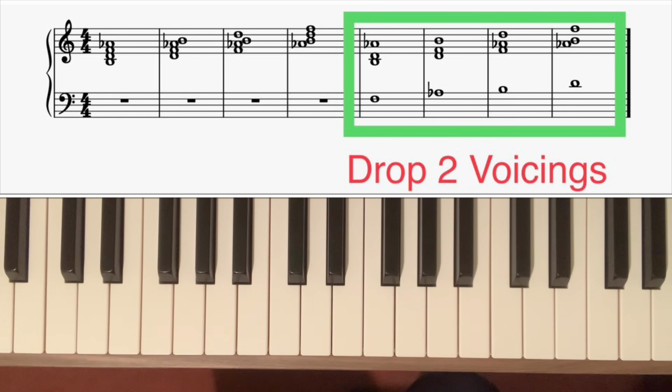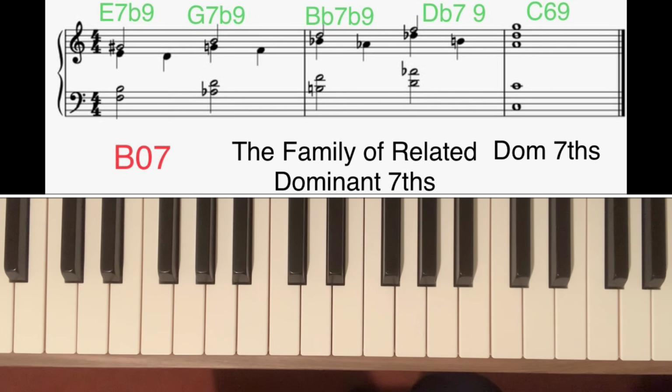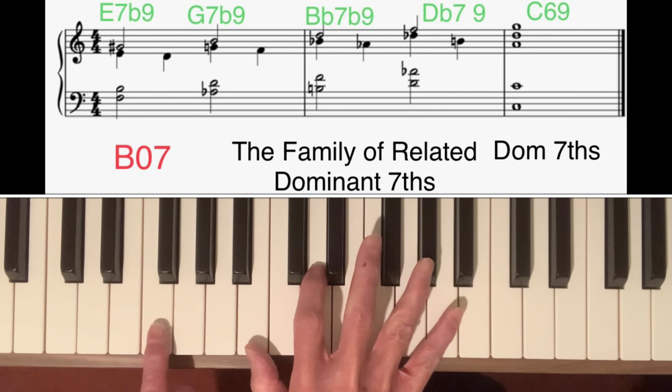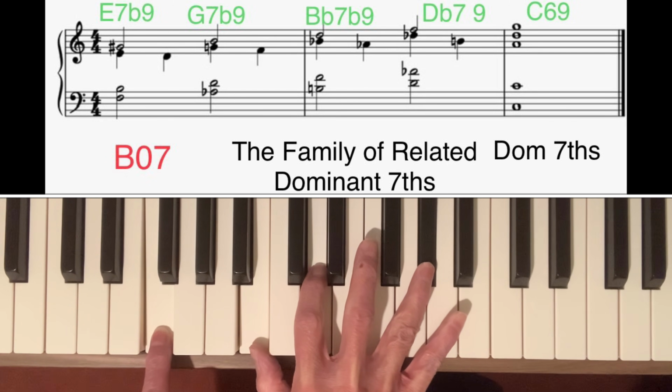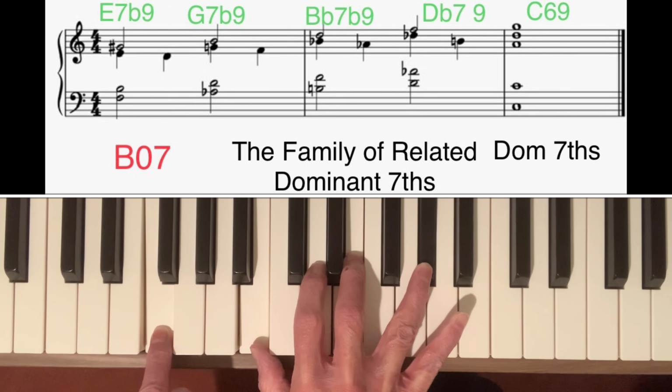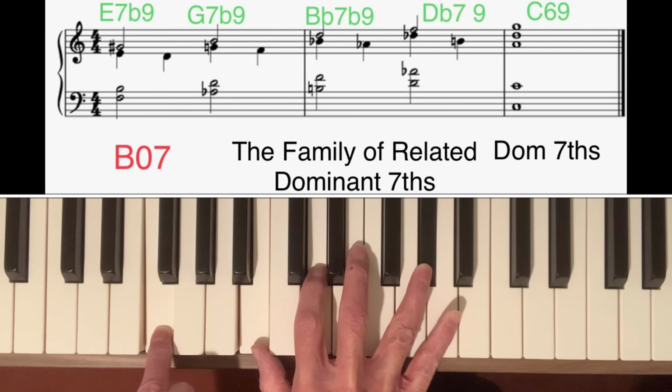Now what I did in the intro was to play those drop 2 voicings, but in each case the next to the top note was preceded with an upper appoggiatura taken from the diminished scale. So let's look at the first position. Instead of playing D there straight away, I played the next note up from the diminished scale, which was E. And you get that lovely tense sound, which resolves.